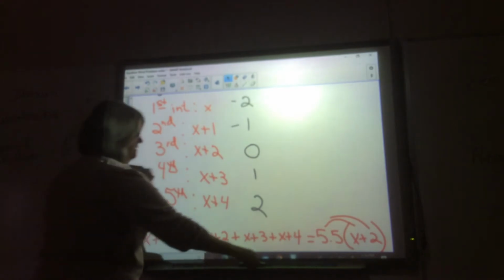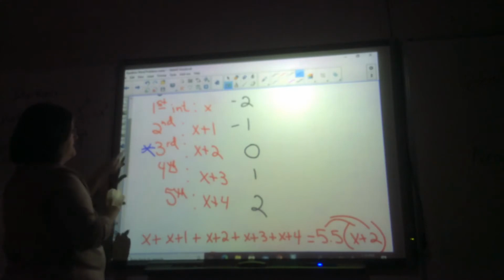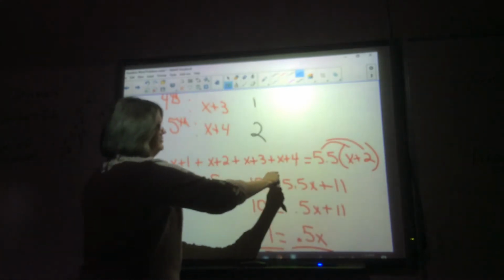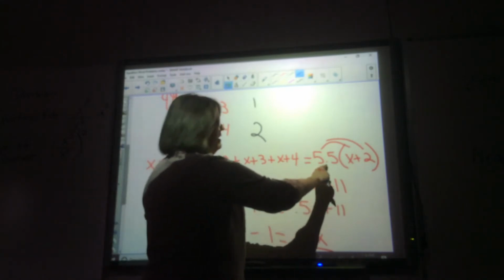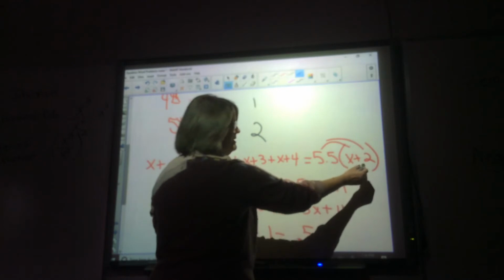The middle one is the third number. So I'm going to take all 5 of those and set it equal to 5.5 times my middle integer, which is x plus 2.